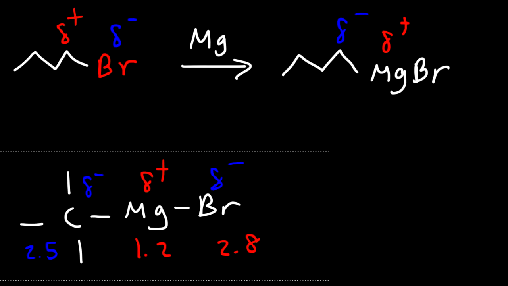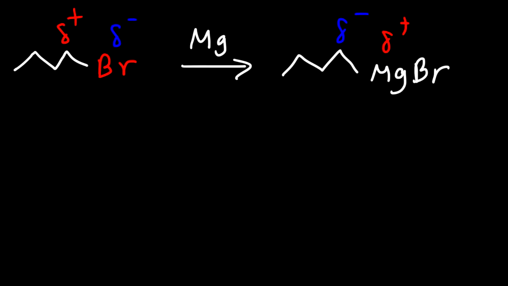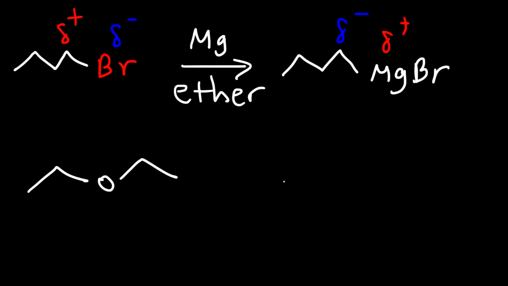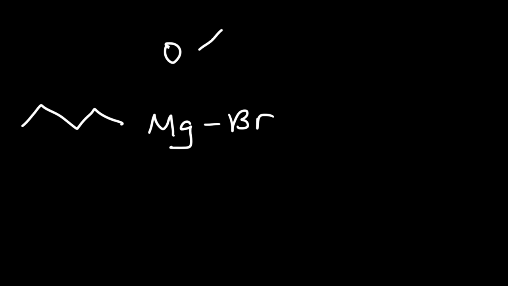Now, it's important to understand that in order to make the Grignard reagent, you need to use an ether solvent. And commonly, the ether could be diethyl ether, or it could be THF, tetrahydrofuran. Now, what the ether does is it basically forms a complex with the Grignard reagent. And so here's the oxygen atom of diethyl ether, and it surrounds the magnesium atom.